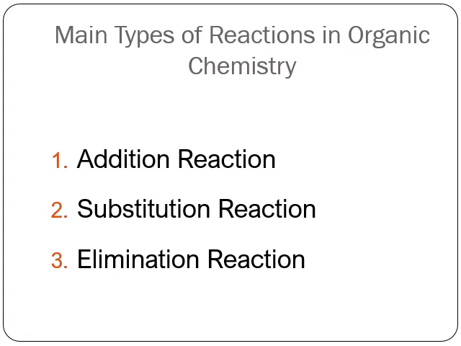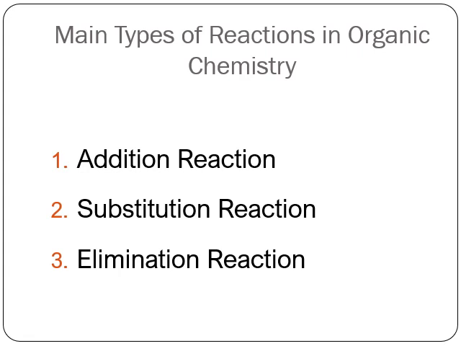The molecules which are added may be of the same nature, like hydrogenation, the addition of hydrogen, or the addition of halogens like chlorination or bromination, or they may be of different nature, like the addition of water, the addition of hydrogen halide, and others.